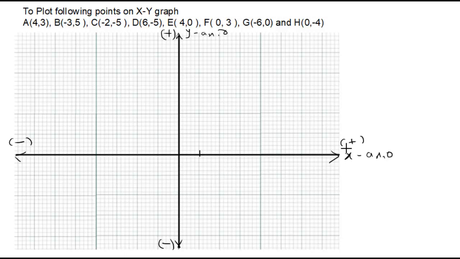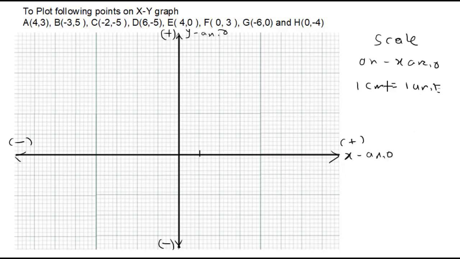For this, we consider the scale. Scale means how many centimeters is equal to how many units. So on the x-axis, I am considering 1 centimeter is equal to 1 unit.